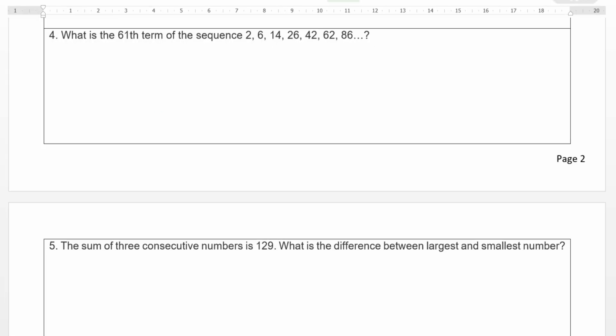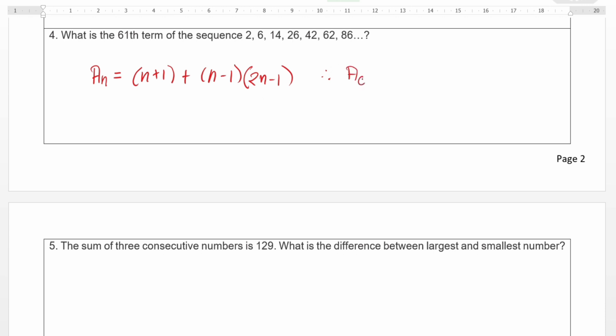For problem number 4, what is the 61st term of the sequence 2, 6, 14, 26, 42, 62, 86? A of n equals n plus 1 plus n minus 1 times 2n minus 1.